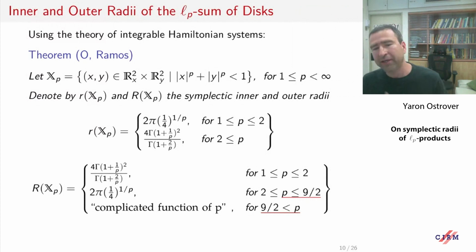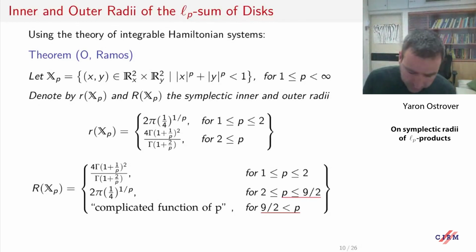But the formulas that we get for the outer radius are quite complicated, especially for values of P which are bigger than 9/2. But the point is that both the symplectic inner radius and outer radius in this example can be computed explicitly.